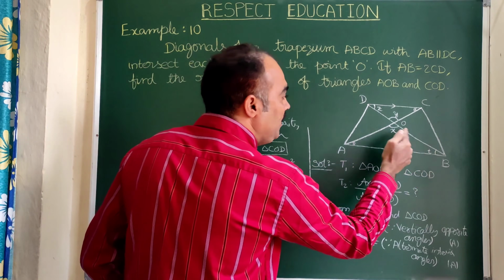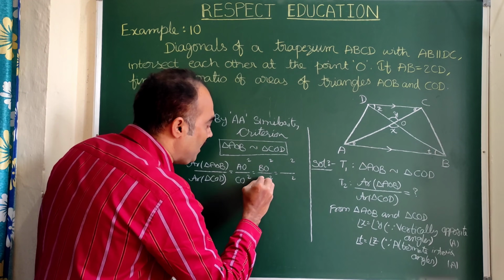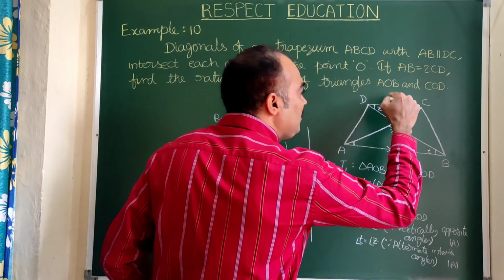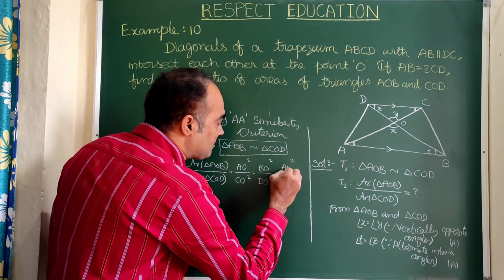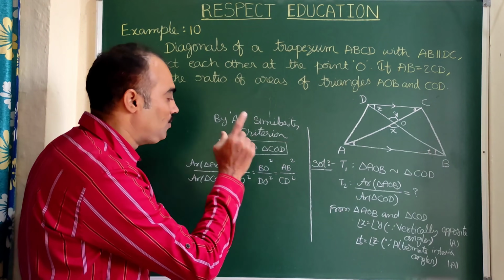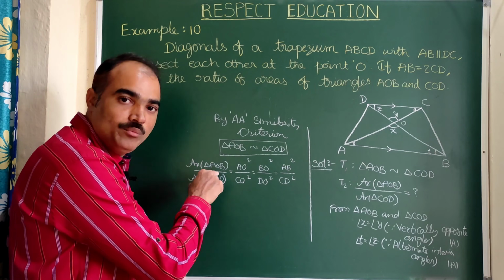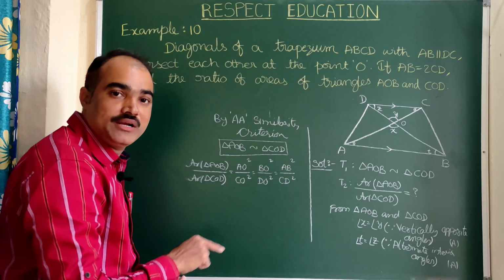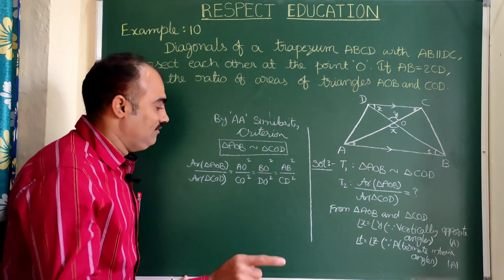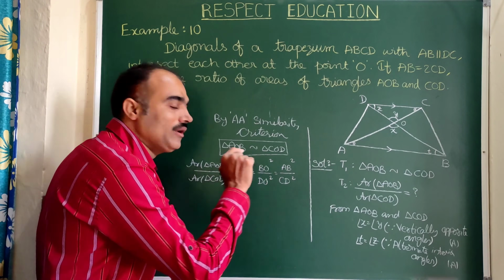Same way, for BO, the corresponding side is DO, so BO square by DO square. And for AB, the corresponding one is CD, so AB square by CD square. While writing the ratio, take care that all the measurements of triangle AOB come in the numerator only, because we have taken area of triangle AOB as the numerator. Same way, all the measurements of triangle COD should come in the denominator only.